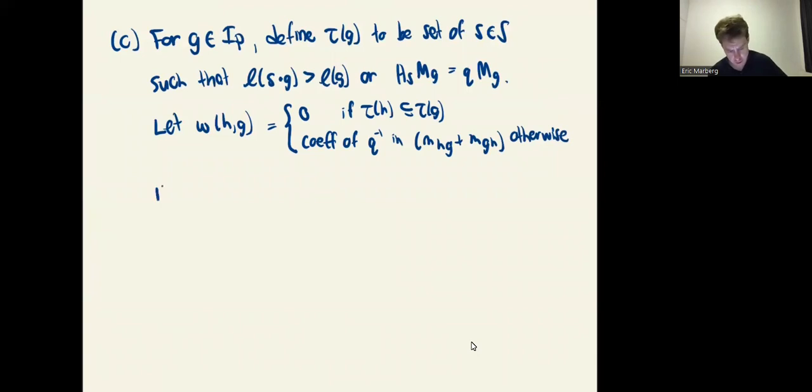And then the conclusion is that this set of indices with this tau map and this omega map is a W-graph.